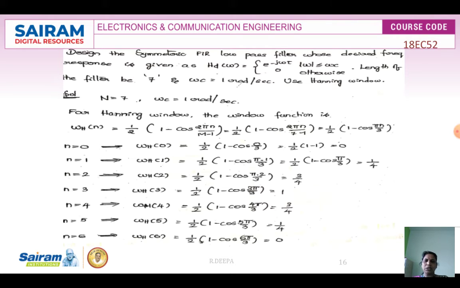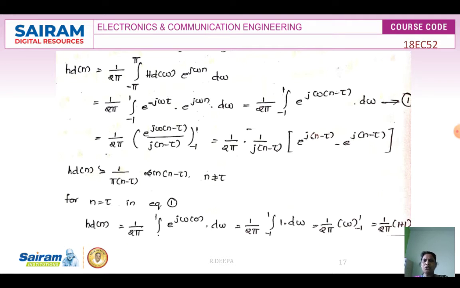Substituting n is equal to 0, it is 1 by 2 of 1 minus cos pi into 0 by 3, so you get 0. Similarly calculate WH of 1, WH of 2, substituting different values of n from 0 to 6, and keep the results.